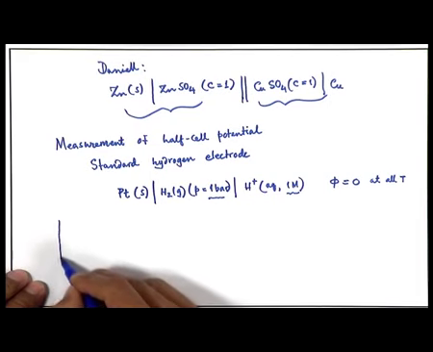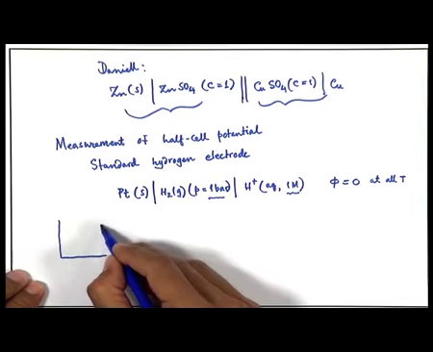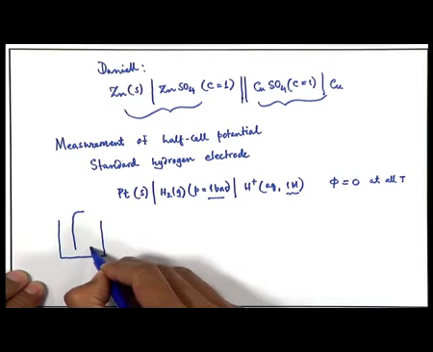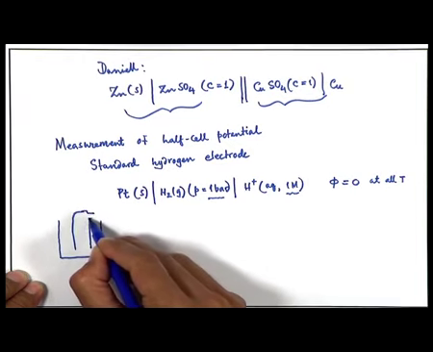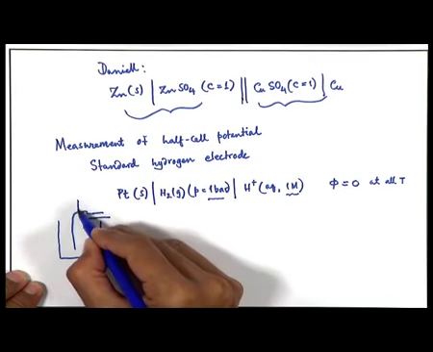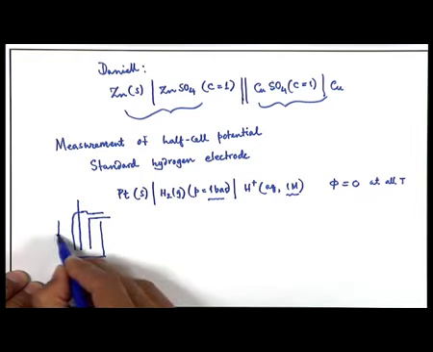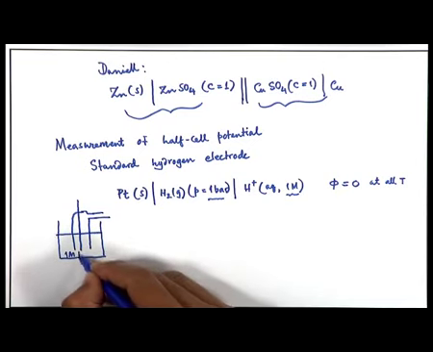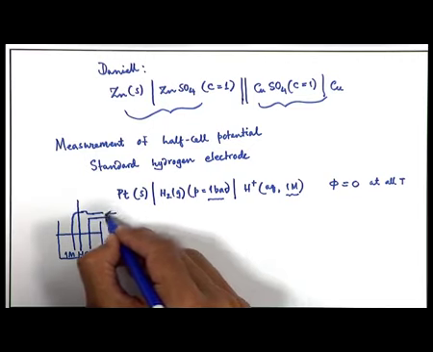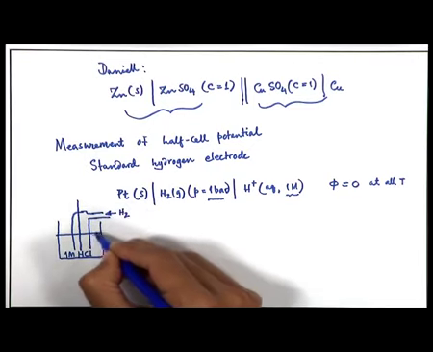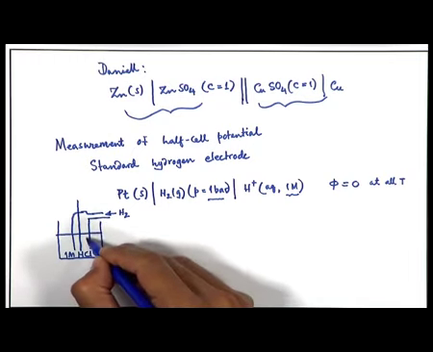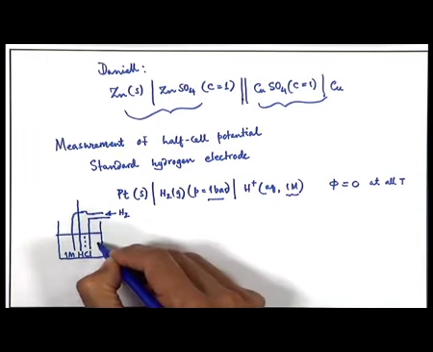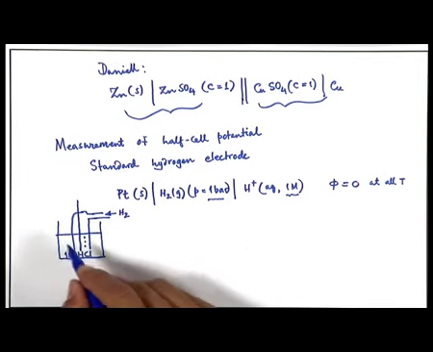Pictorially I can draw it like this: you have a platinum wire, platinized platinum wire, and this is 1 molar HCl, and pure hydrogen gas is bubbled over here, so that the solution is saturated with hydrogen, whatever may be the solubility of hydrogen.